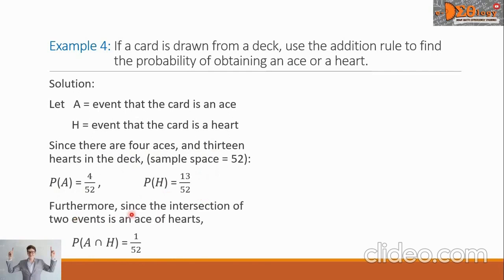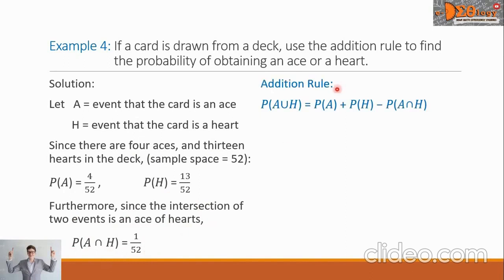Furthermore, since the intersection of the two events is the ace of hearts, we write P of A intersect H equals 1 over 52.